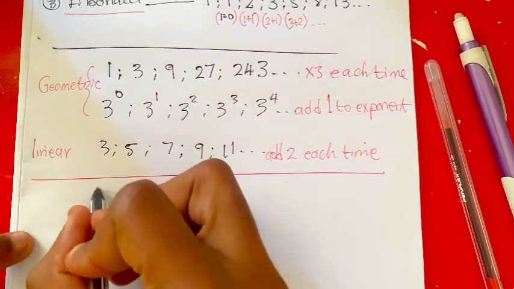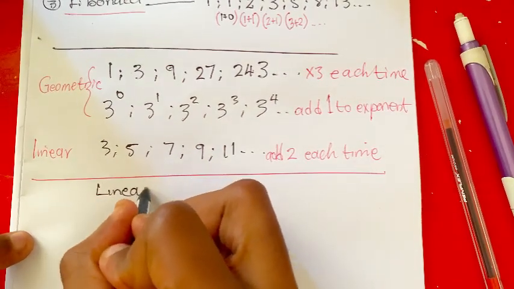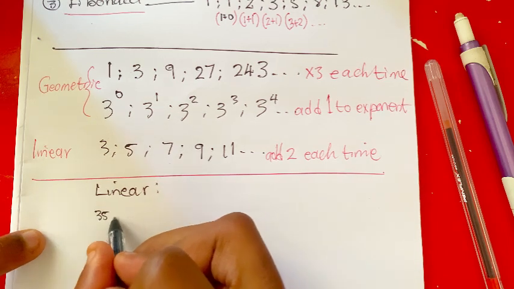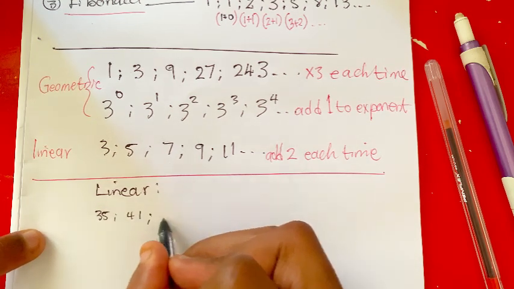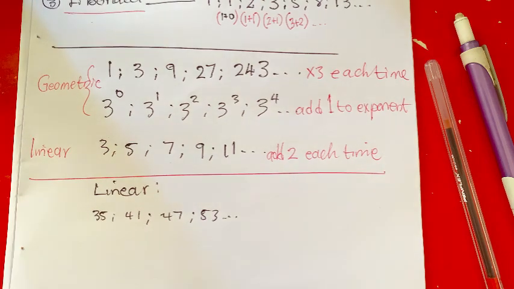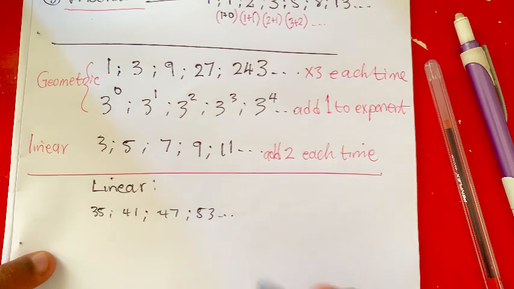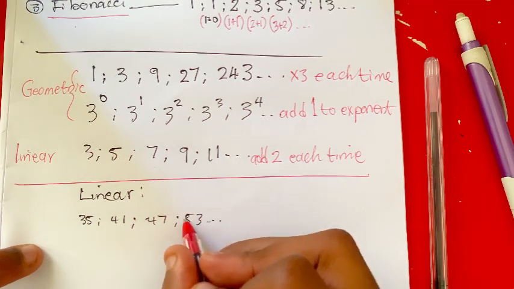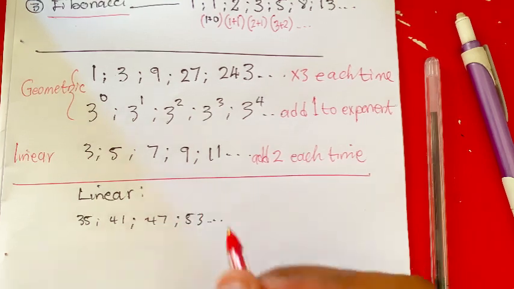Let's look at another type of linear sequences or patterns. You have 35, you have 41, 47, 53, and it goes on. You are asked to write down the next 3 numbers and to give us the conjecture, which means explain what happens each time. If you add 6 each time, you will get the next one.